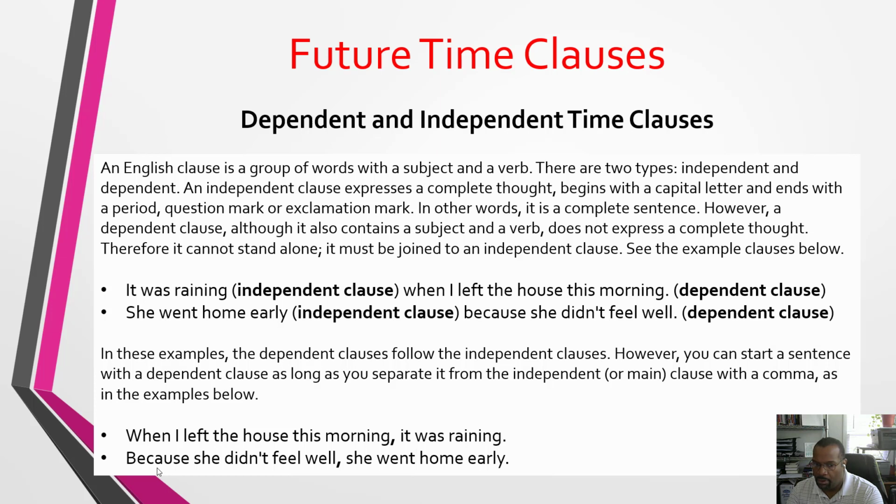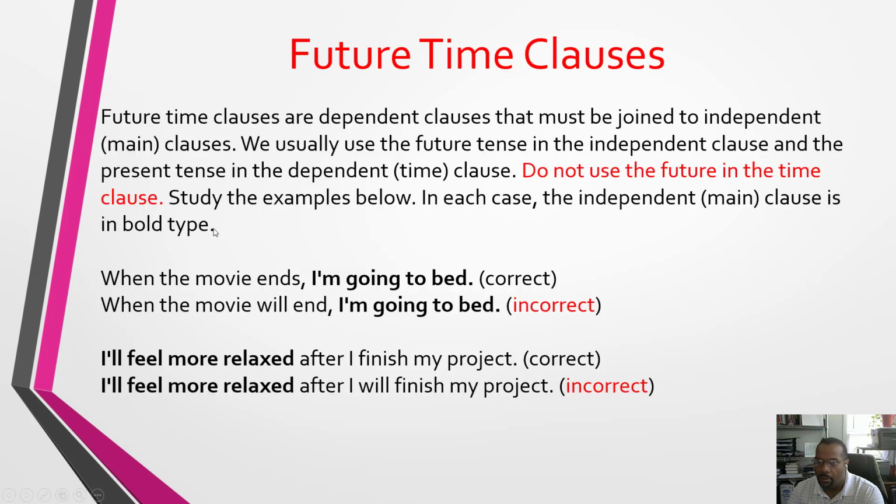Next example: because she didn't feel well, comma, she went home early. Because she didn't feel well is our dependent clause. She went home early is our independent clause. Let's look at some more.